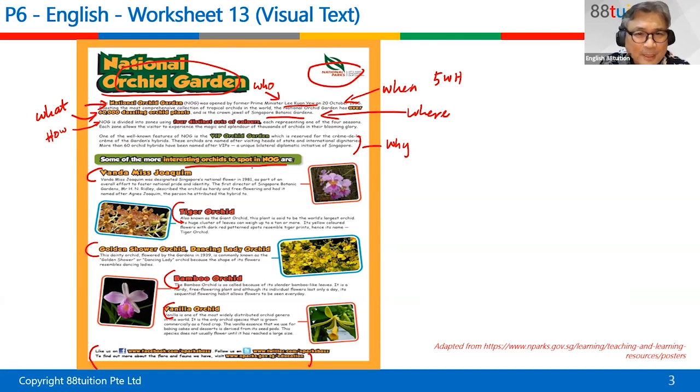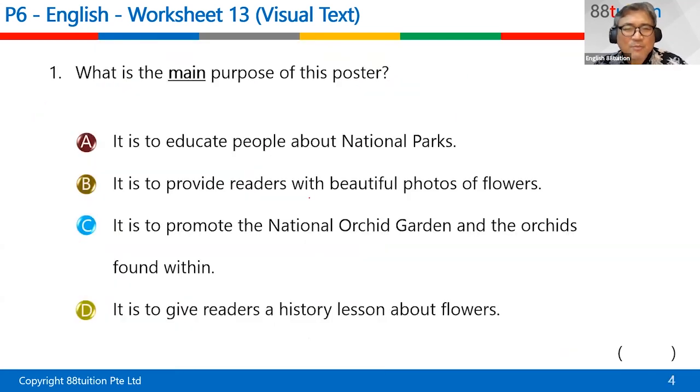Right? So these are some of the interesting orchids. Okay, now we come to the question, right? So what is the main purpose of this poster? So everybody, have your answer now. Main purpose of this poster.